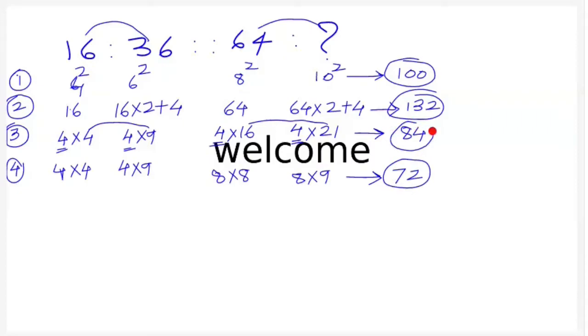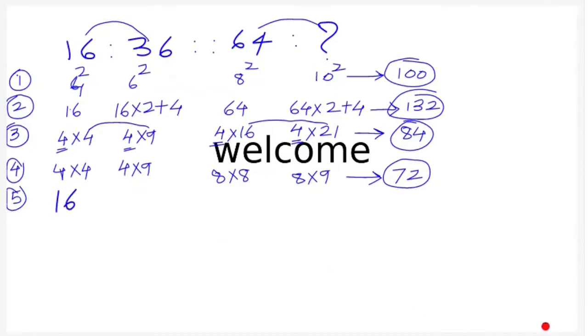If 100, 132, 84 are not in the option, then 72 can be your answer. What can be the logic? Next, if 100 is not in the option, 132 is not in the option, 84 is not in the given option, 72 is not in the option, then you have to think in this way.